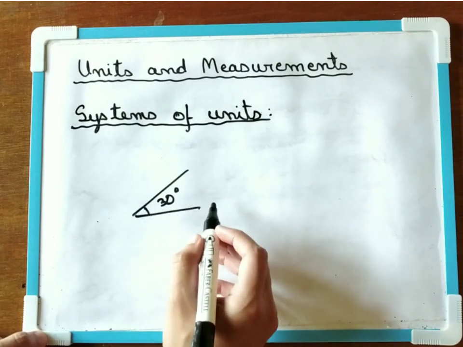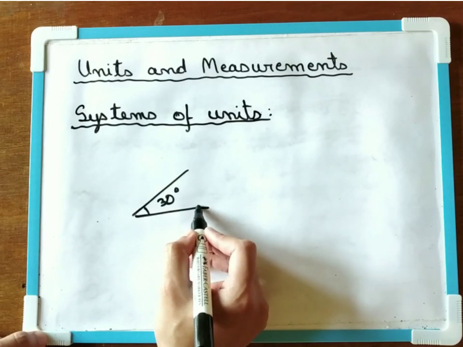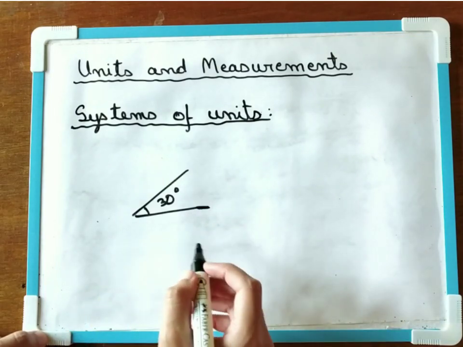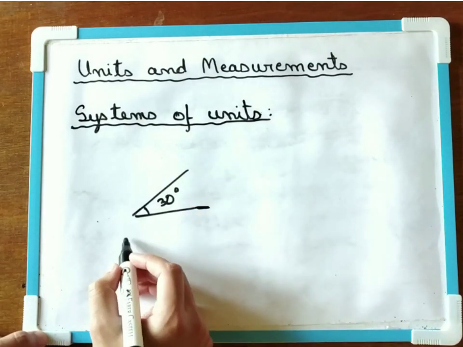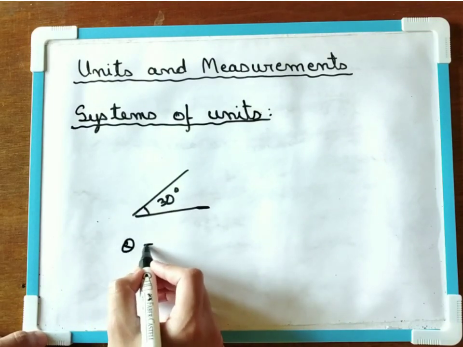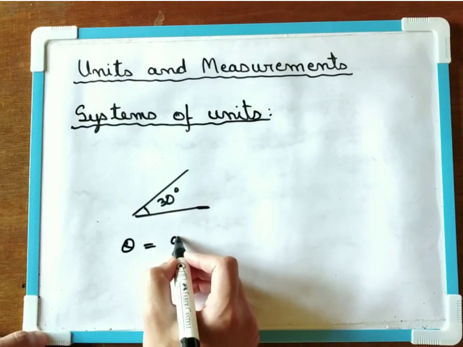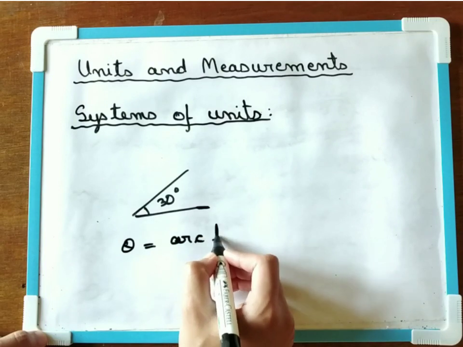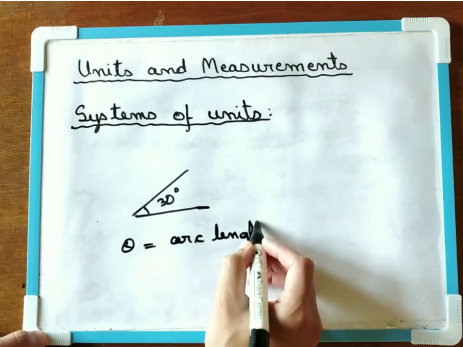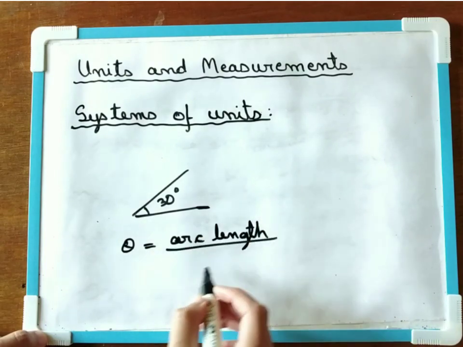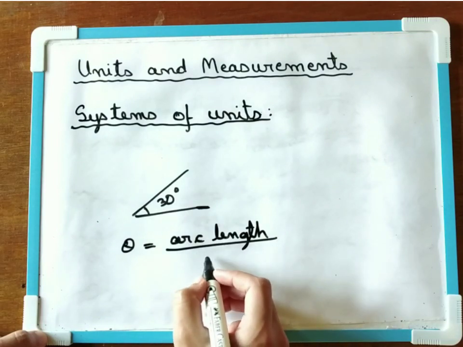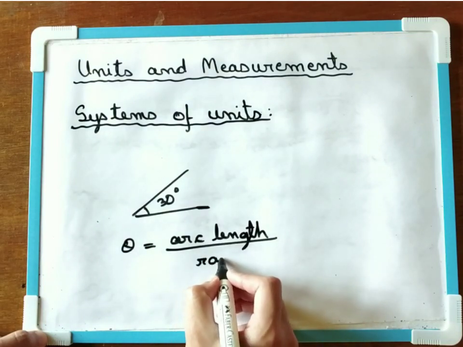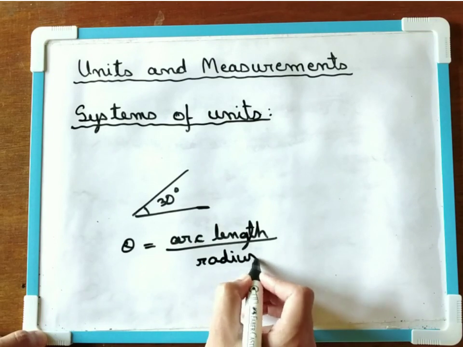And how will we define radian? Radian is defined as the arc length of a circle divided by the radius of the circle.